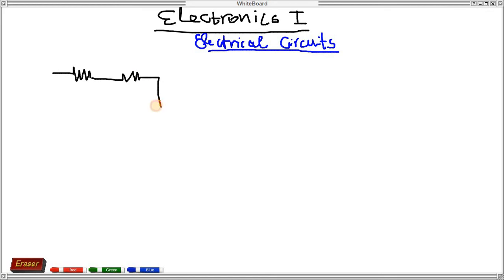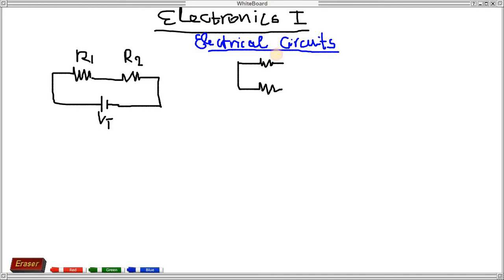resistor circuits. We spoke about the series circuit. We have a resistor R1, let's call it resistor R2. We have our total voltage, and we spoke about the parallel circuit also, R1, R2, and everything connected to the total voltage.